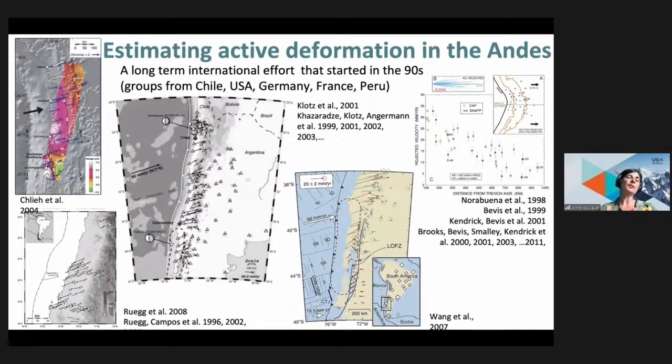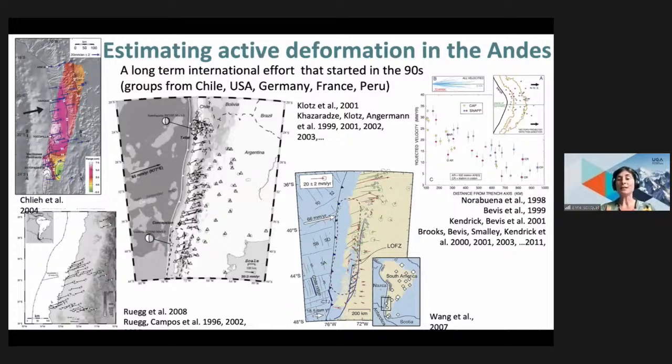I will start by showing old maps that you have seen already, so it will be fast, because I will show old work about interseismic coupling in North Chile. The measurement of active deformation in the Andes has been a long process.